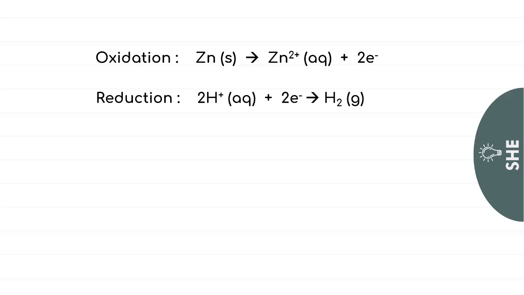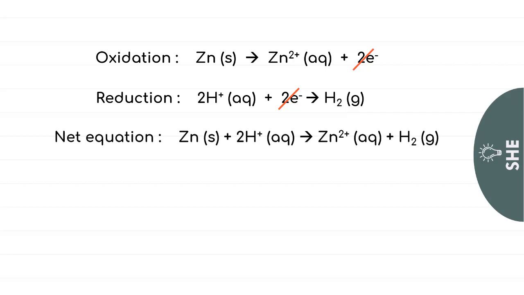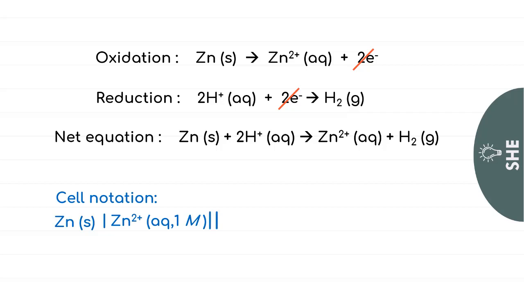Now, we will put these two half-cell reactions together to get a net ionic equation. We start with zinc solid, followed by one vertical line, then Zn2+ aqueous. If concentrations are provided, we need to include those values in the cell notation, and in this case, we have 1 molar solution. Next, we have the salt bridge, which is represented by 2 vertical lines.